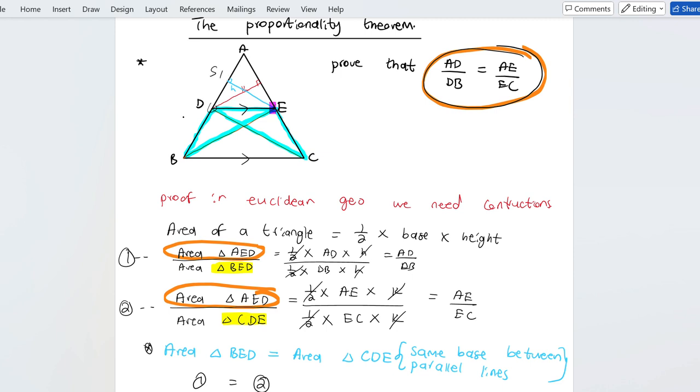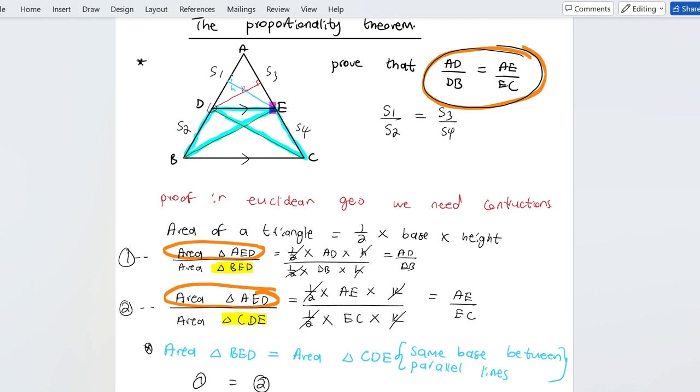If this was to be called side 1, side 2, side 3, and side 4, it divides these sides in such a way that the ratio of these sides are proportional. So S1 over S2 is equal to S3 over S4.